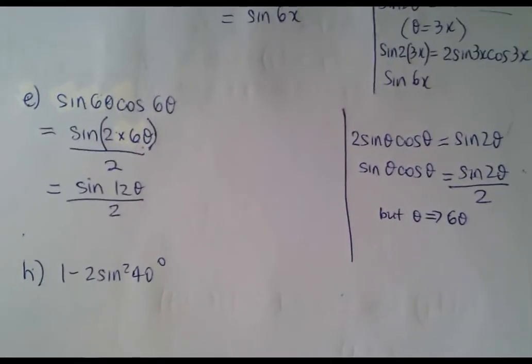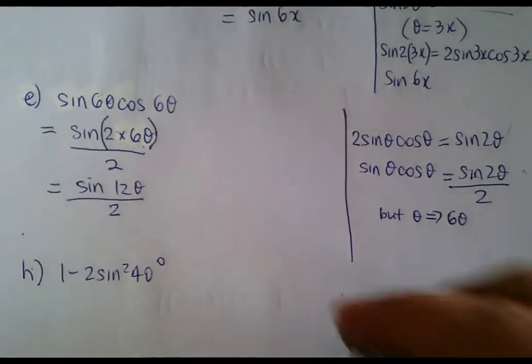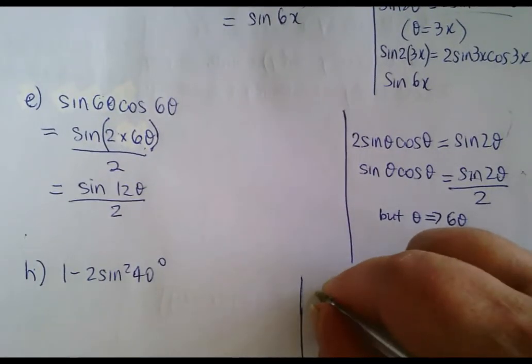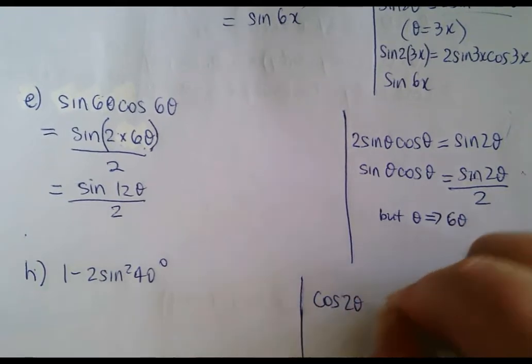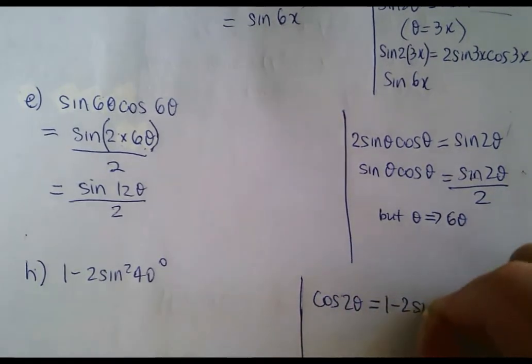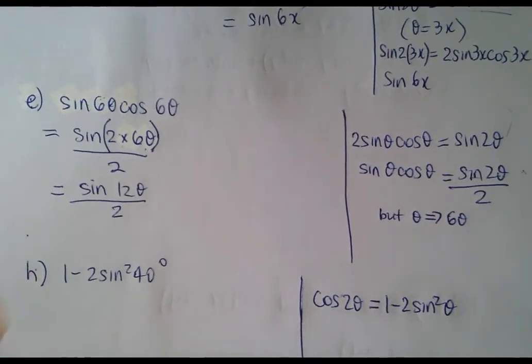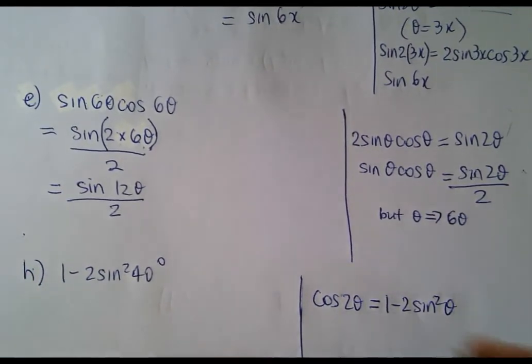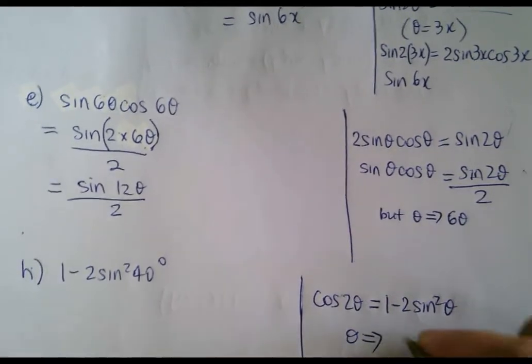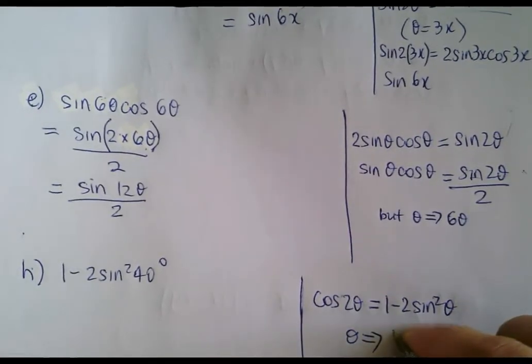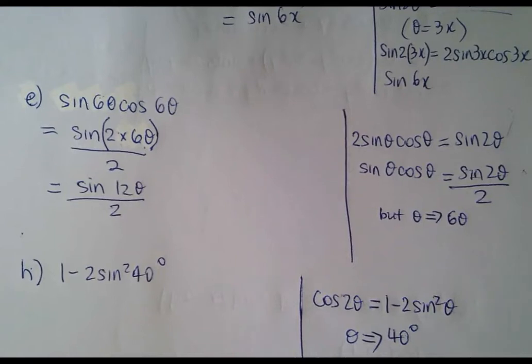Okay, now for h, do you recognize this one? We know that that's got to be one of our cos results. We know that the cos of 2 theta is 1 minus 2 sine squared theta. That's looking pretty good. It's the correct format. What's theta being replaced with? 40 degrees in this case.